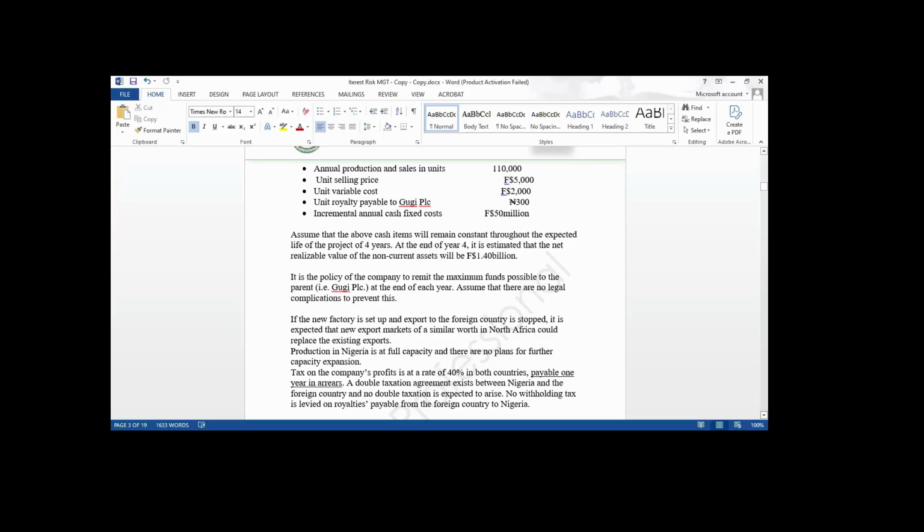So at the end of 4 years, we can dispose of the project to realize 1.4 billion.